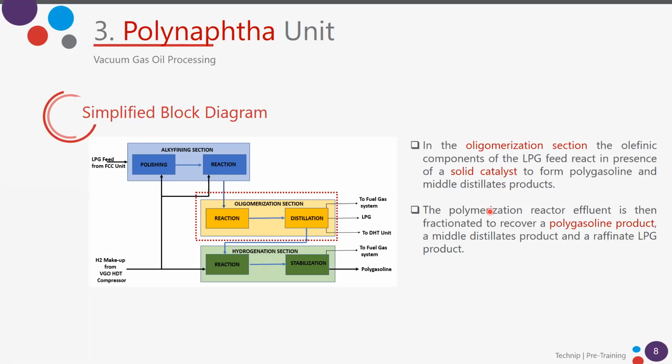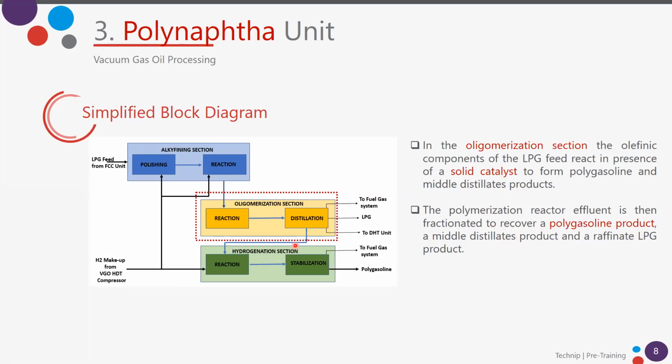The polymerization reactor effluent is then fractionated to recover a polygasoline product, a middle distillate product, and an LPG product. Okay, we will see more in detail of each of these sections, but this is the general overview.